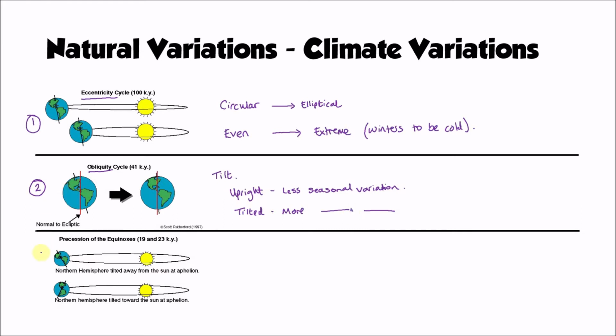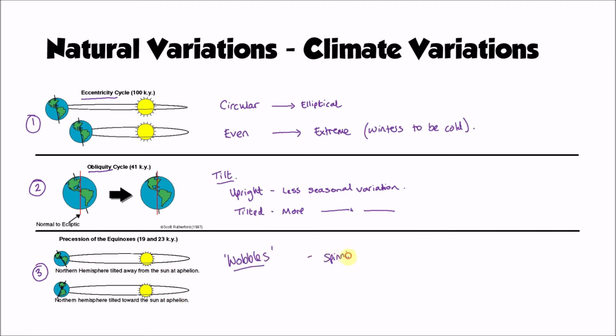The third one, which happens between about 19 and 23,000 years, is what's known as the precession of the equinoxes. And this is basically more simply summed up by thinking about the fact that the Earth wobbles on its axis. So we have a stretching of the orbit, we have a tilt of the Earth on its axis, and also the Earth wobbles a little bit like a spinning top.